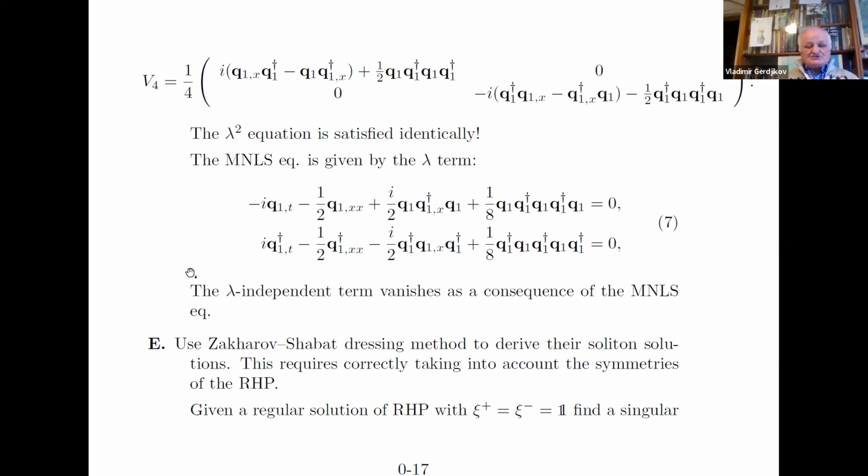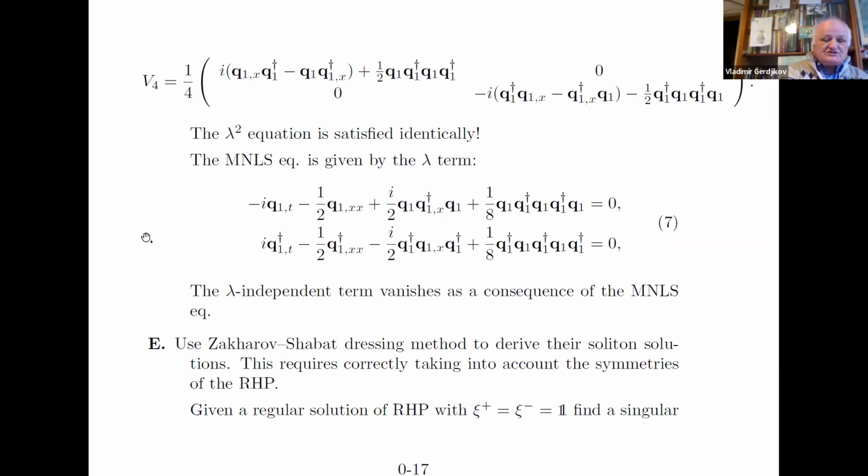What we had also were some terms which corresponded to lambda independent terms in the compatibility condition, but I checked that these additional terms provide equations which are consequences of equation 7. So I do not put them here.